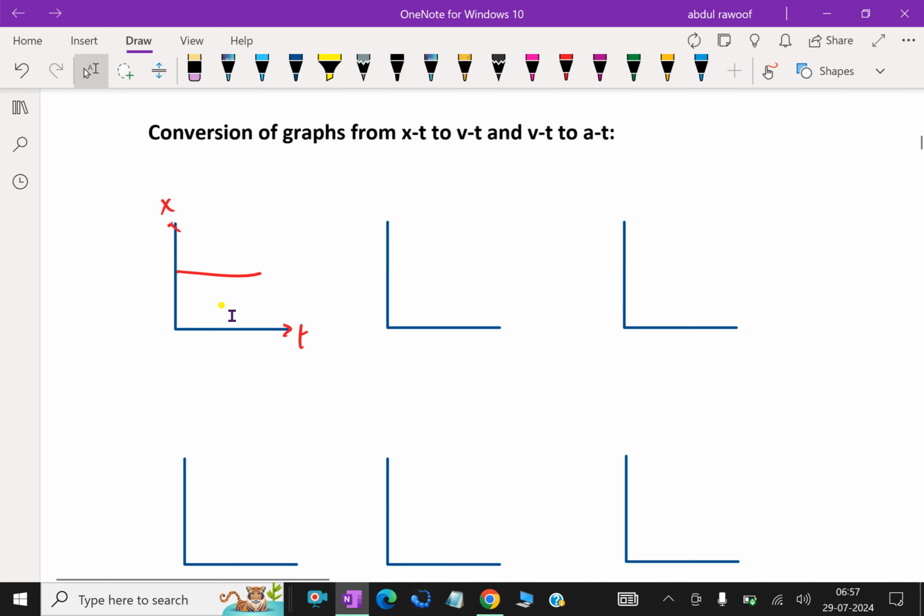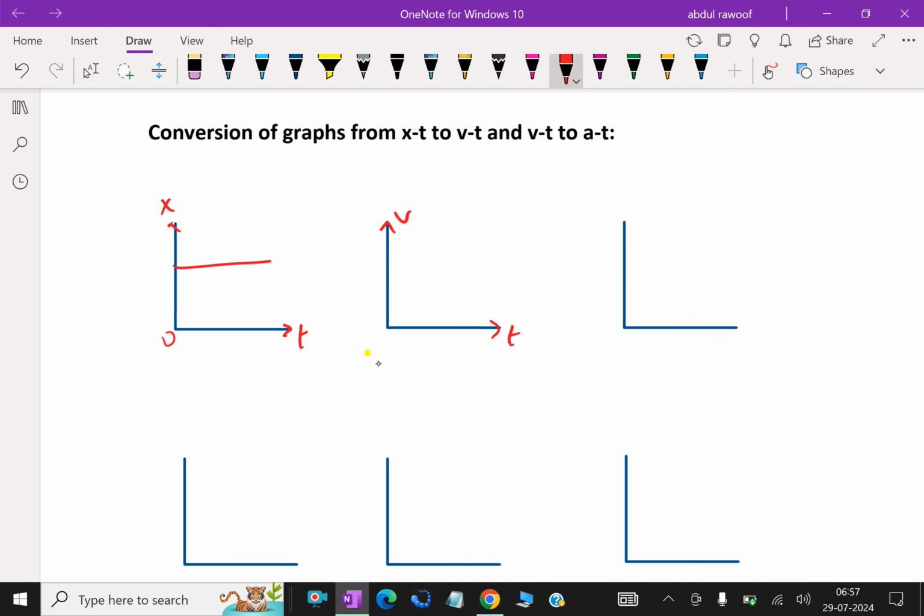Here the body is not moving, because time elapses but it stays at some distance from 0. How does it convert to the velocity-time graph?